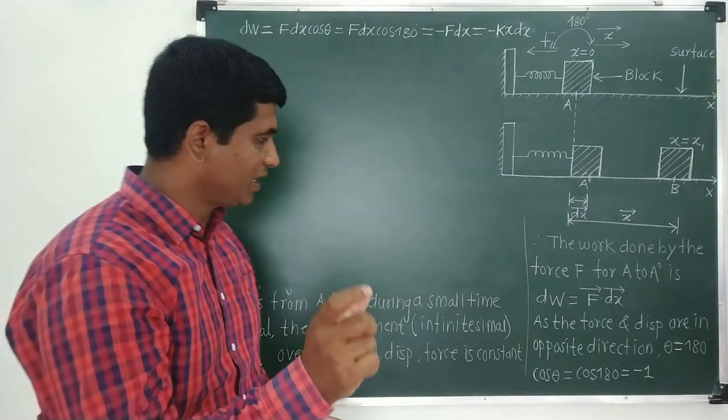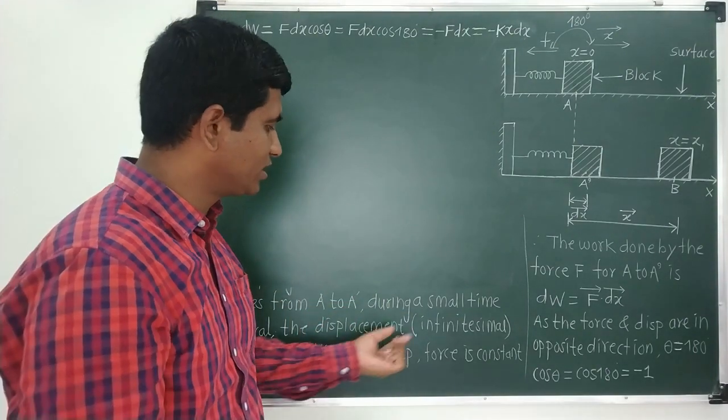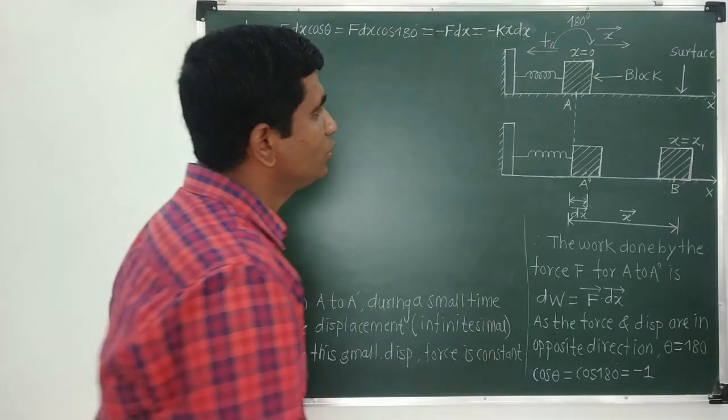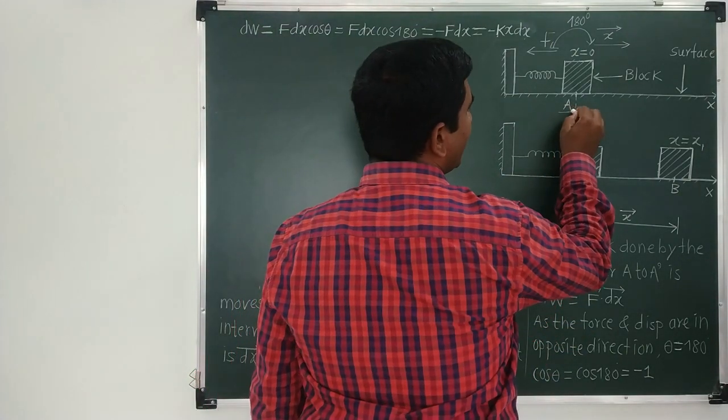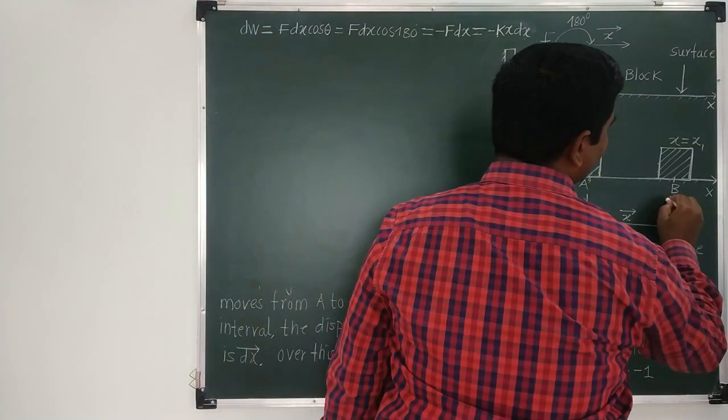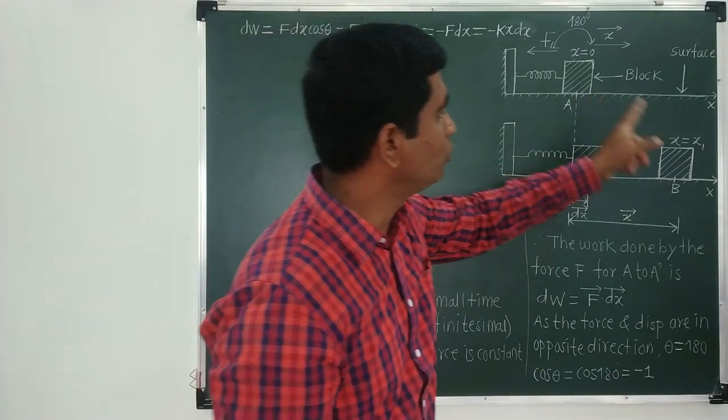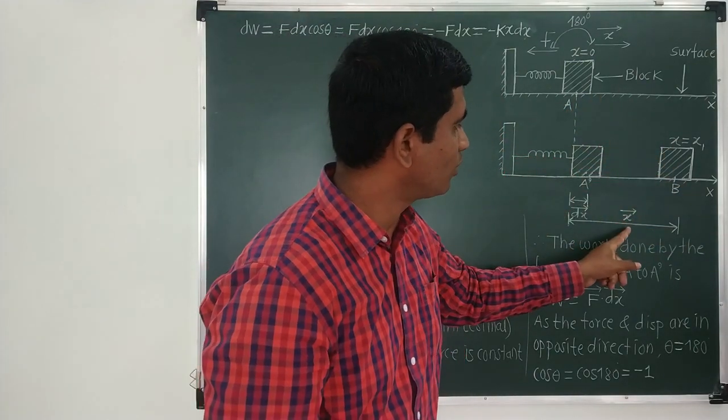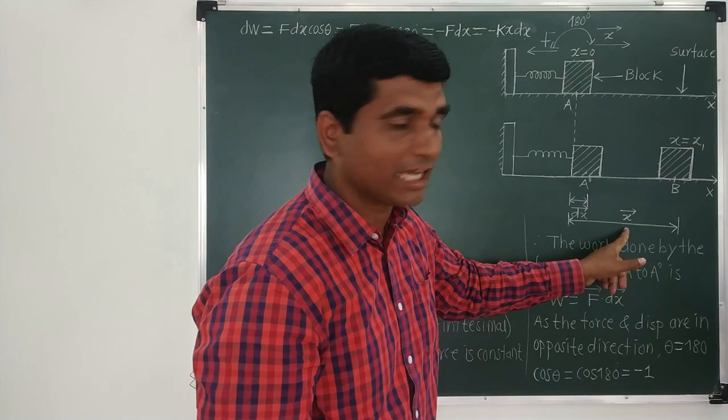Now this we had taken over a very small interval, so it is an infinitesimal interval. Suppose your block moves from the point A to point B. The displacement of the block is x bar.